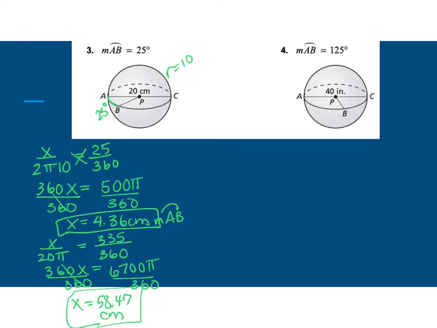Number 4, if the measure of arc AB is 125, we'll go x over 2 times pi times r, so r would be 20. And we'll set that equal to 125 over 360.